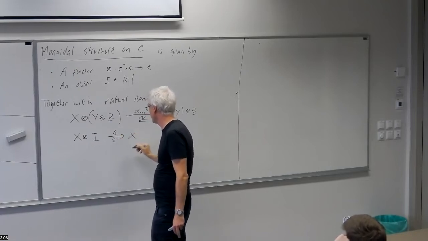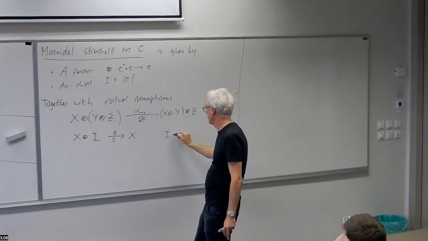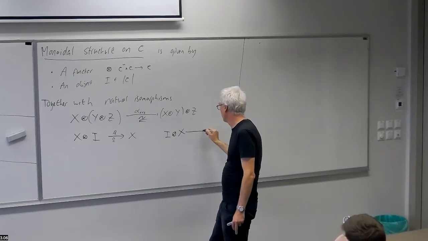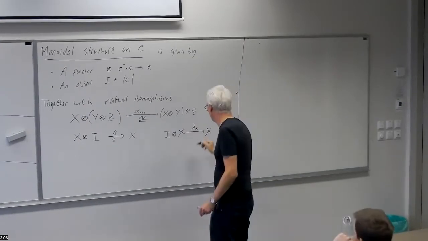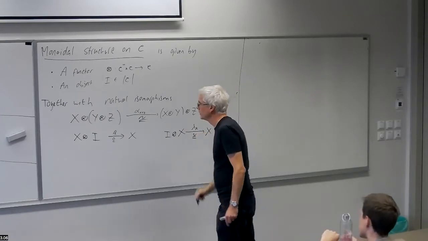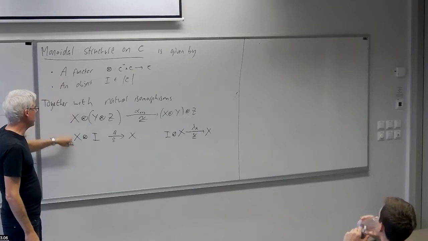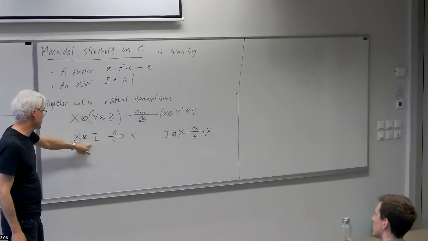That's another natural isomorphism, and the other one is lambda. So here I've said associative and that one's the neutral element, I is the neutral element.